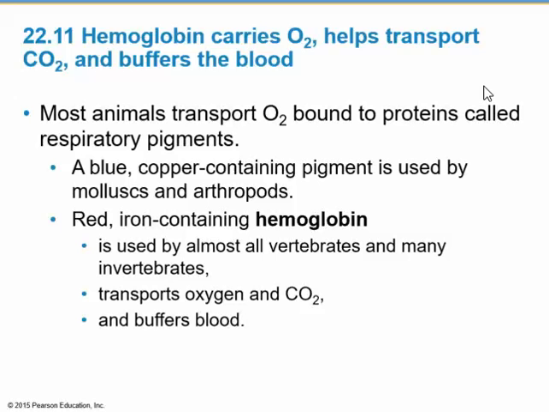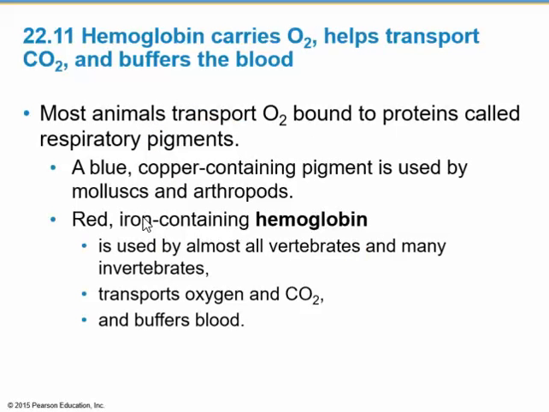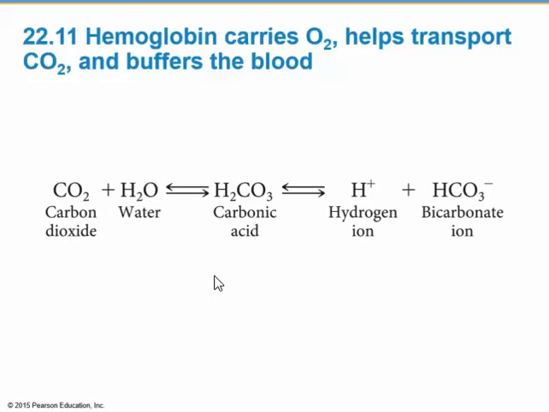Now, hemoglobin transports both oxygen and some CO2. The majority of the CO2 is actually carried in the blood plasma, but some of it is carried by the hemoglobin in the red blood cells. All right, and yes, hemoglobin helps to buffer the blood by tying up excess hydrogen, keeping the pH constant in the blood. Now, carbon dioxide dissolved in water forms carbonic acid.